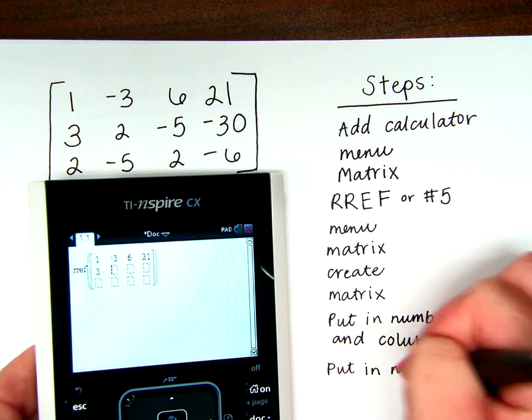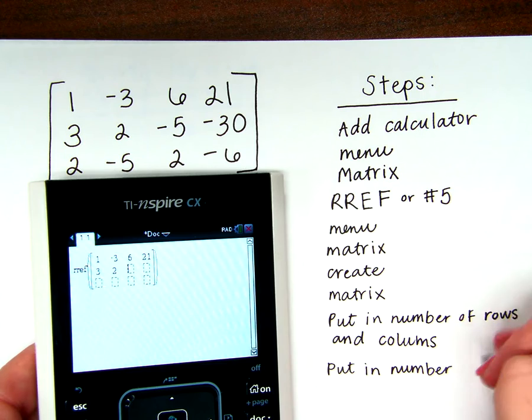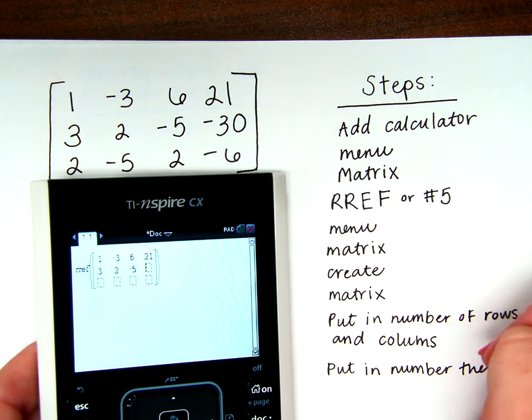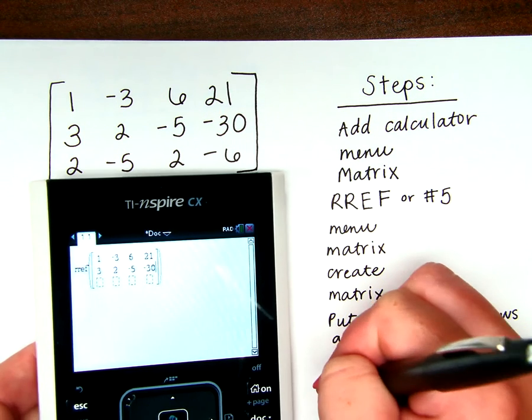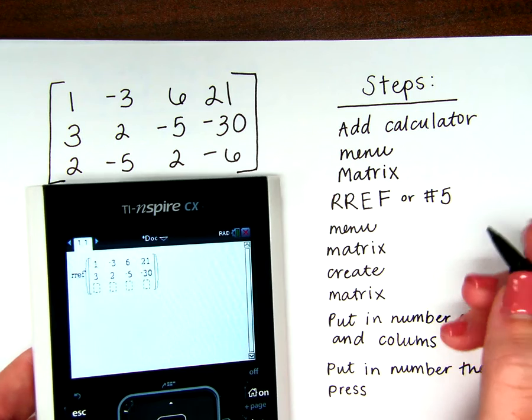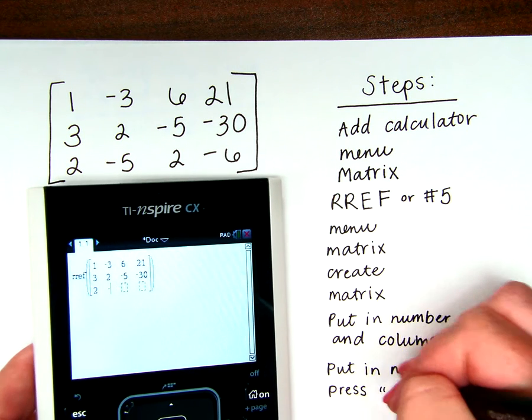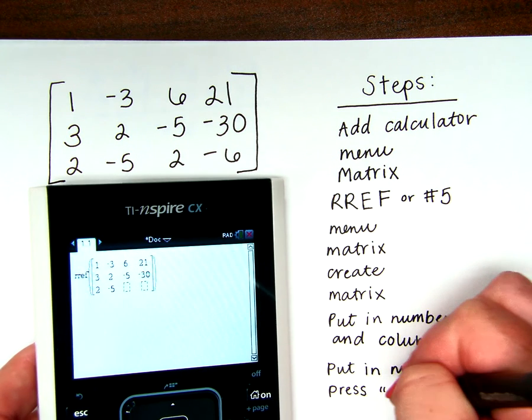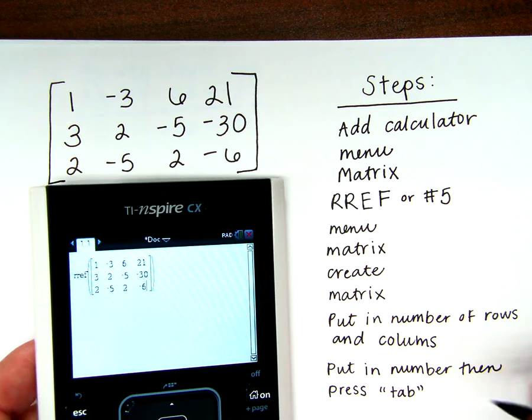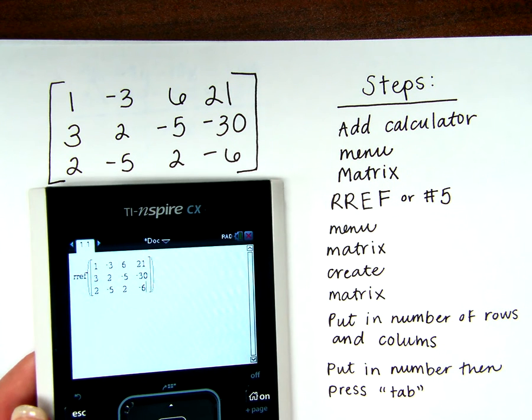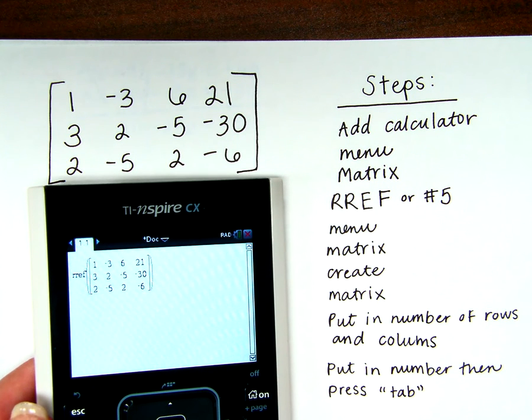3 tab. 2 tab. -5, -30. 2, -5. 2 and -6. Now before I go on, again you're going to think I'm weird. We already know that I am, so it's not a big deal.